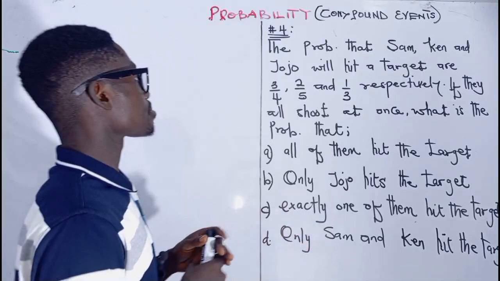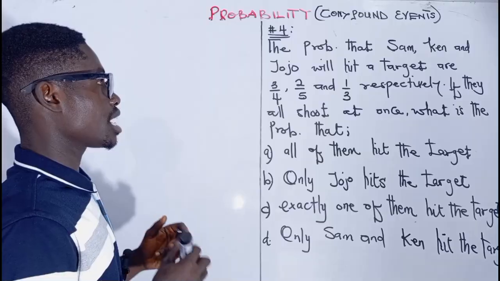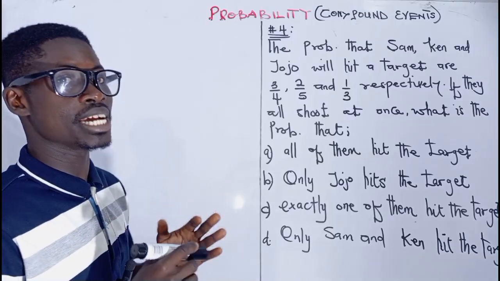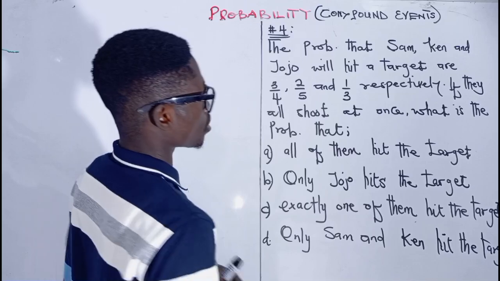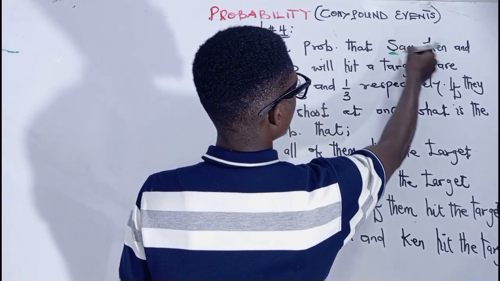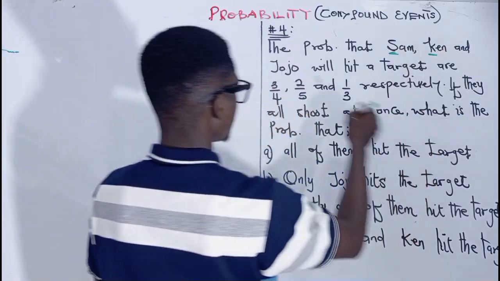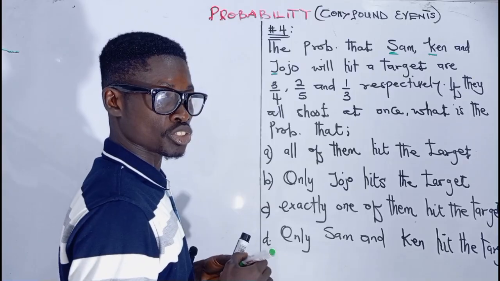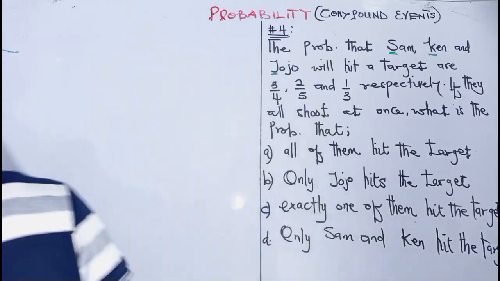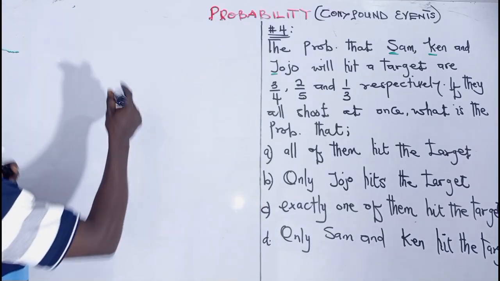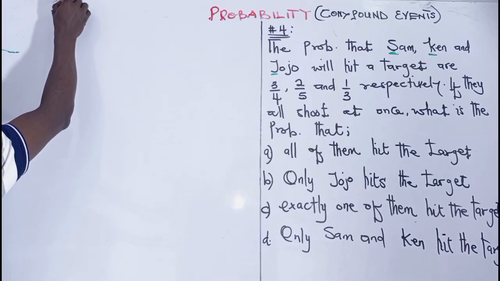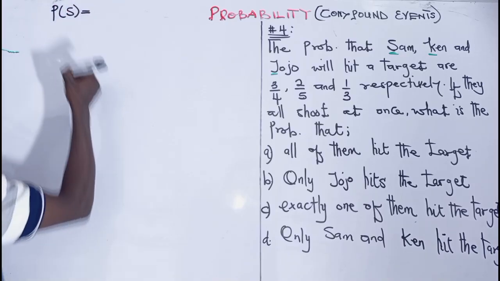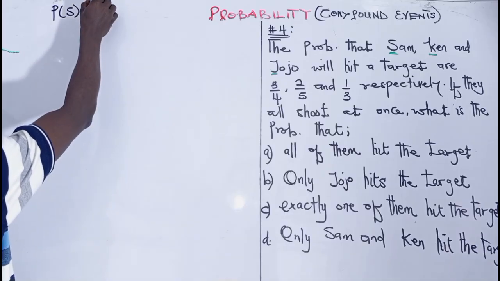So join me. From the question, we have Sam, Ken, and Jojo. So let's use S for Sam, K for Ken, and J for Jojo. The probability that Sam will hit the target is 3 out of 4.